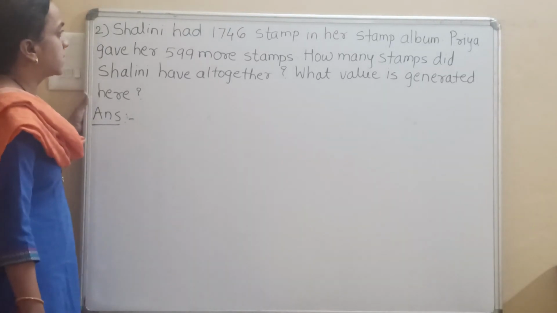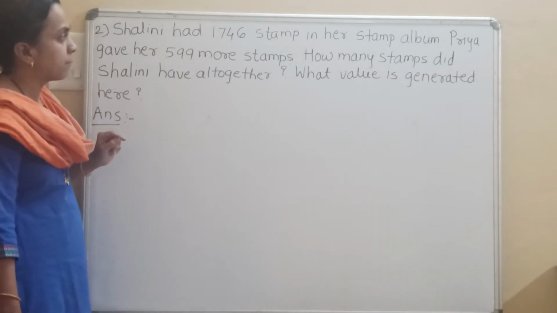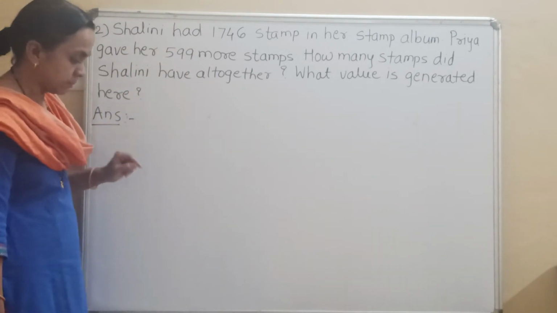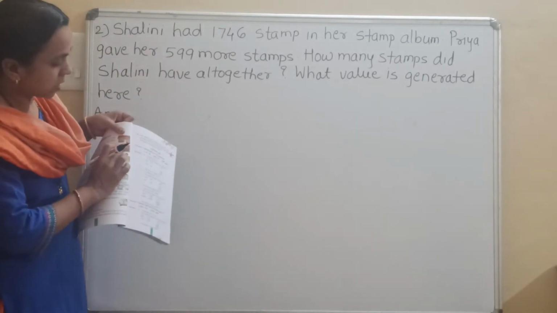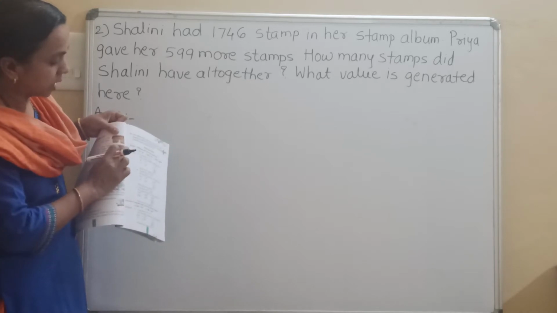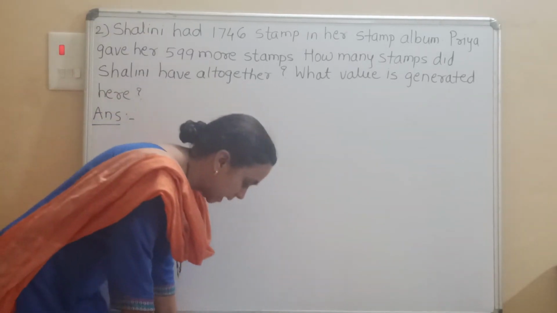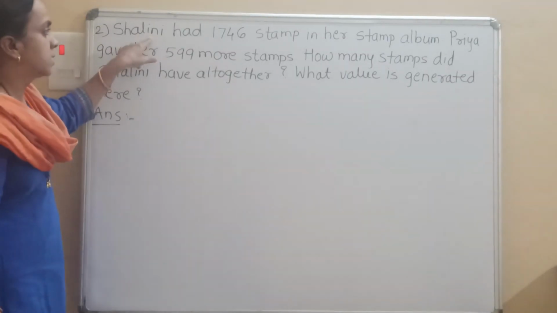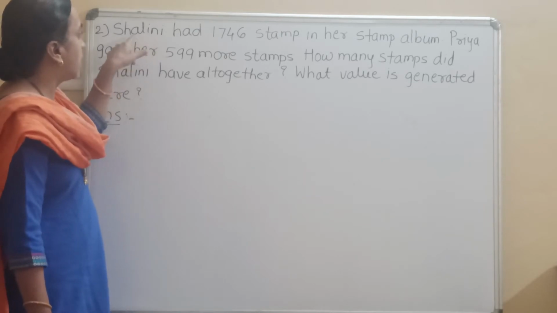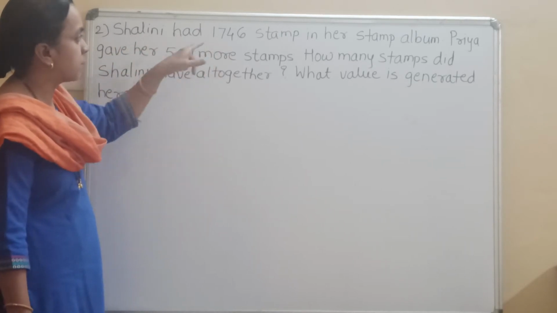Now see the second example. Shalini had 1746 stamps in her stamp album. See, here one picture of a stamp is given. On that stamp, a photo of Bhagat Singh is given. So different kinds of stamps are there. Shalini is a girl and she has very different kinds of stamps in her stamp album.